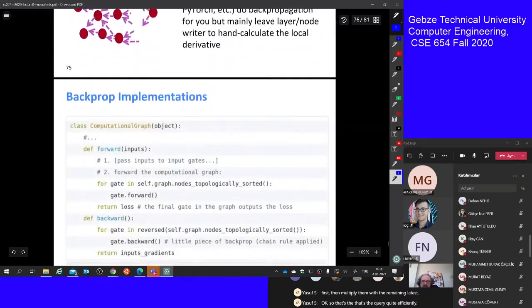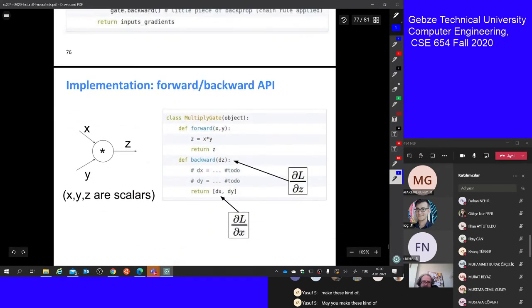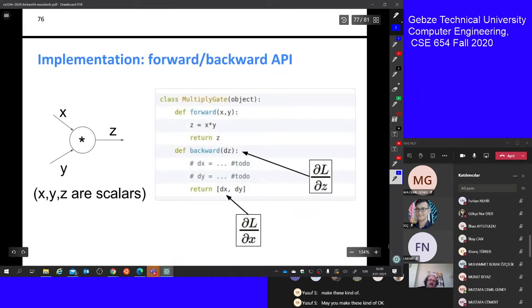So I'm going to skip these parts. With all the deep learning libraries, when you design these kind of networks, those libraries will help you do the back propagation, do the training.